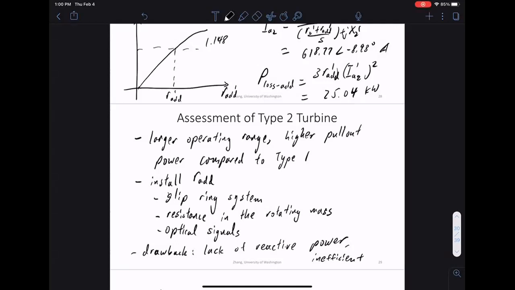Type 2 is how to make it more controllable by adding resistors. And type 3 will be, can I do what type 2 did without adding resistors? There are better ways to control the system without burning the I²R loss. Improving efficiency is the goal for type 3. Any questions about type 2?